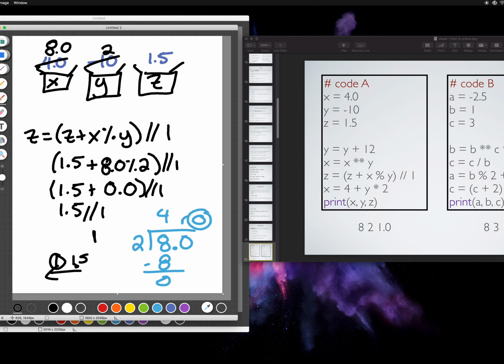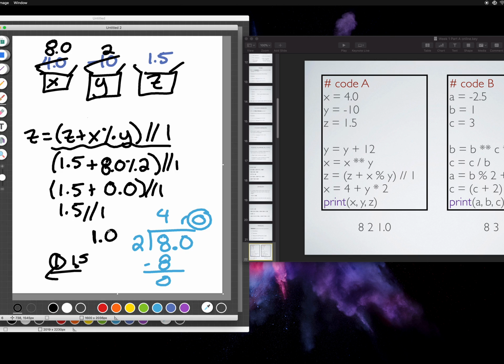So the final result of this whole right-hand side right here, the value that we're going to put into z is, I almost forgot, it's 1.0, right? So it's not just 1, it's 1.0 because with floor division, it follows the standard rules. Since one of these numbers here is a floating point value, the result of it is also going to be a floating point value, which is kind of weird with floor division, right?